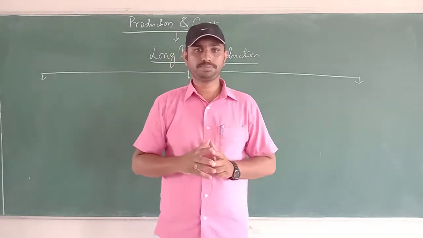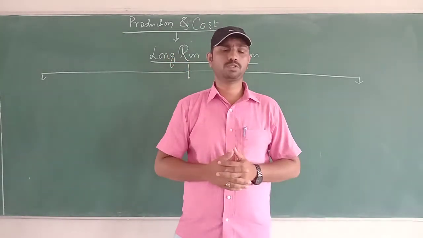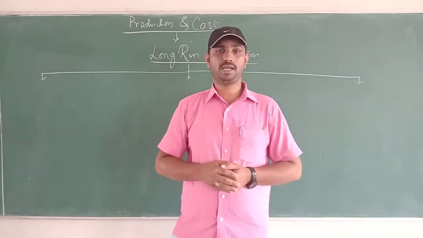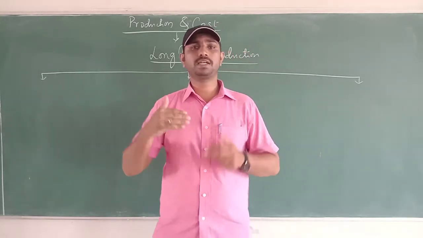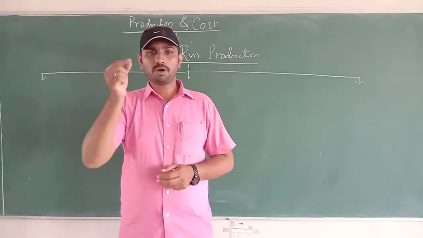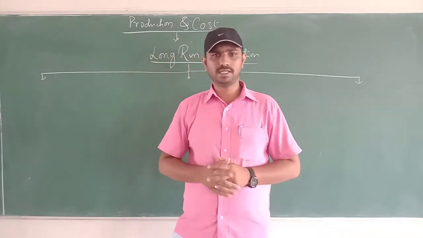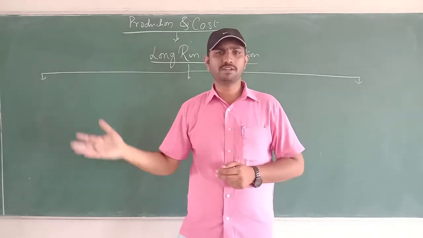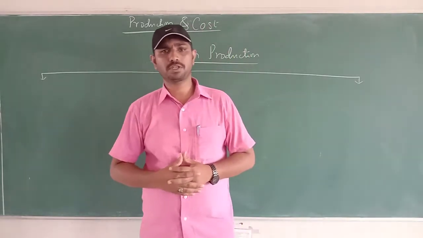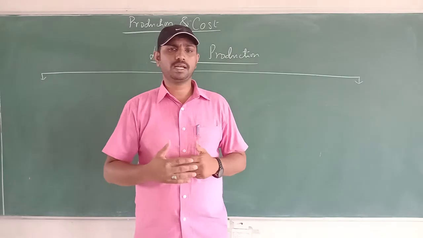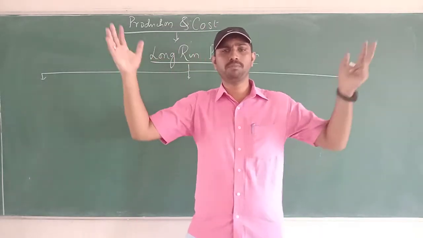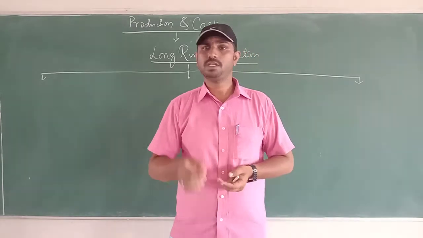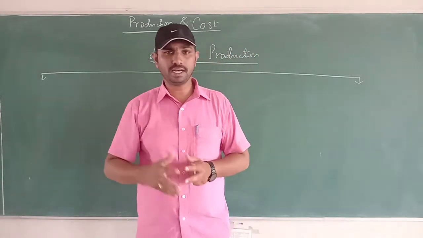In the long run, one can also call it mass production or economies of scale. When producers start producing at a larger quantity, the cost per unit will decrease, because in large scale production, like heavy industries or large scale production units, they will bargain with the main suppliers. When they buy goods in larger quantities, the cost per unit goes down.